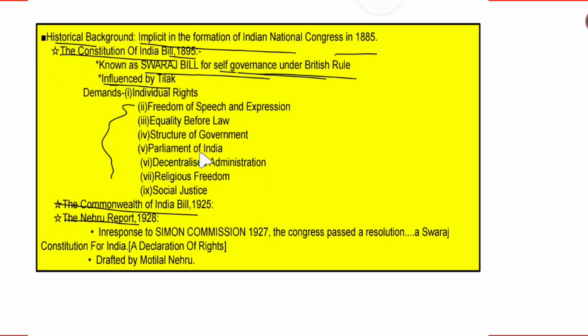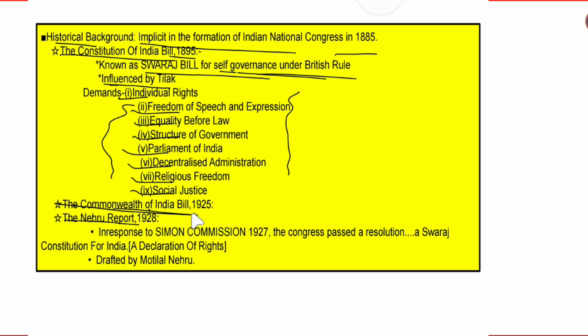Now, let's read about these demands one by one: individual rights, freedom of speech and expression, equality before law, structure of government, Parliament of India, decentralized administration, religious freedom, and social justice. These were demanded by the Swaraj Bill, that was by Bal Gangadhar Tilak.